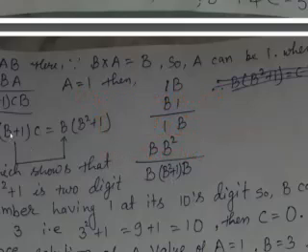So B plus 1 is here the last digit, and we are getting B over here. That means B square plus 1 should become a 2 digit number in such a way that a carry of 1 comes, then only this B will become B plus 1.